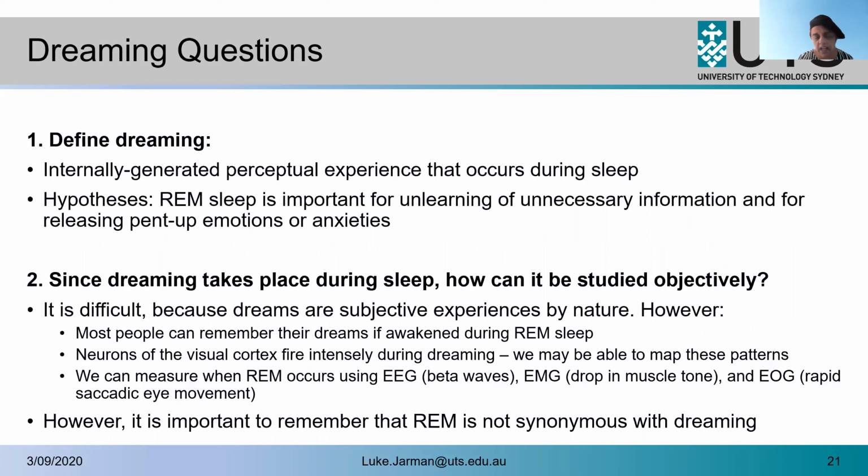When we say EEG, beta waves, what we mean is during REM, you have a lot of fast wave brain activity. Fast wave brain activity is generally linked to beta. Your slow wave brain activity is generally linked to theta and delta. You have more theta and delta during your deep sleep states. But when it comes to REM, you have more beta activity.